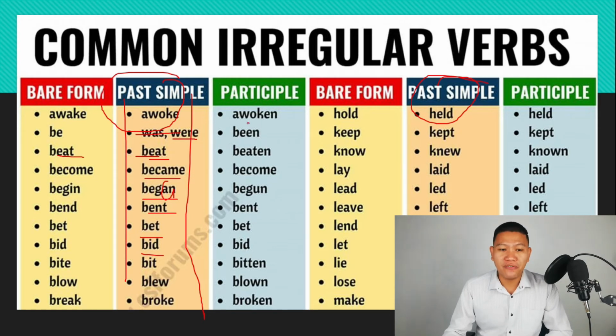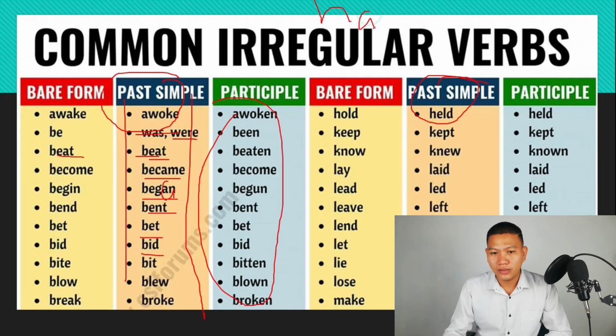On the other hand, if we use the past perfect, this will help you later on. If we use the past perfect, this must be the verbs paired with the auxiliary verb had. Okay? Had awoken, had been, had bitten, had become, had begun. It's begun, not began. So begin, began, begun. Had bent, had bet, had bid, had bitten, had blown, had broken.